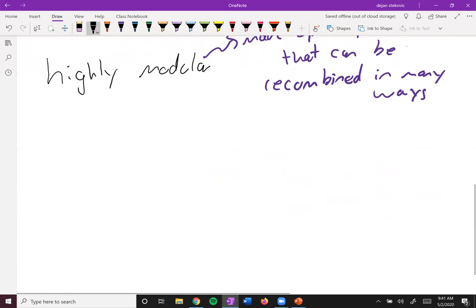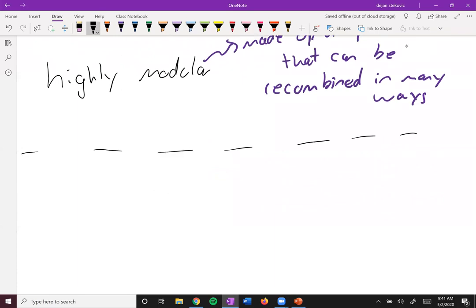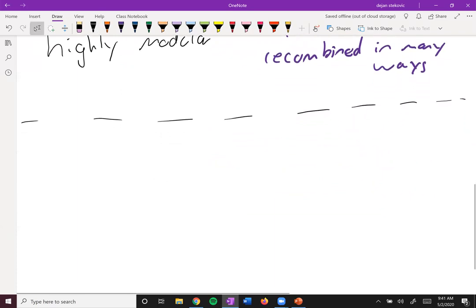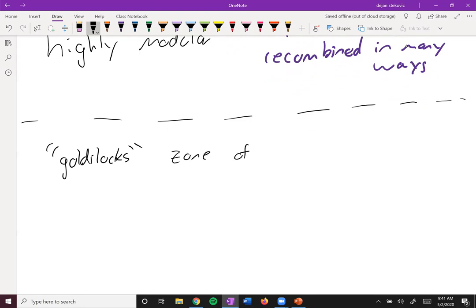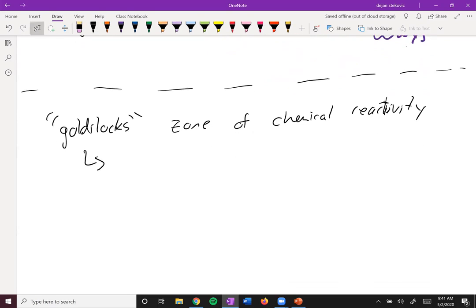In addition to these bonding properties, carbon is kind of in this Goldilocks zone of chemical reactivity. And so what I mean by that is that it's reactive enough to change, right?